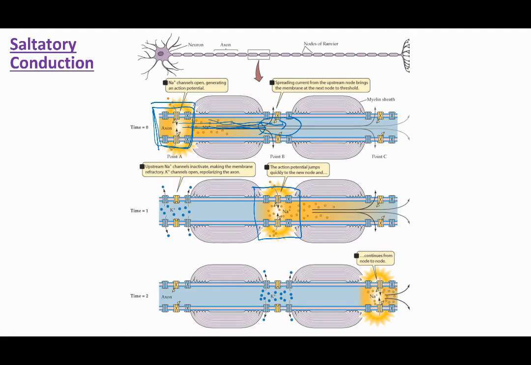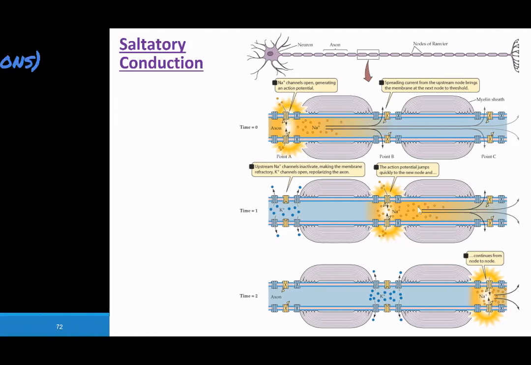So in other words, the action potential skips all these individual action potentials happening in between, and it just flows right through to the next node to cause that next action potential. By jumping from node to node to node, that speeds up nerve transmission when you compare that to an unmyelinated neuron.